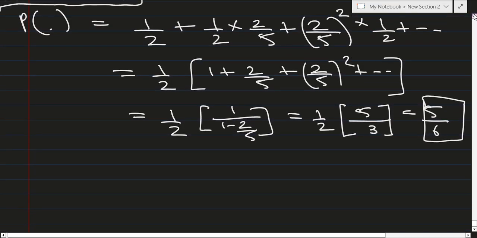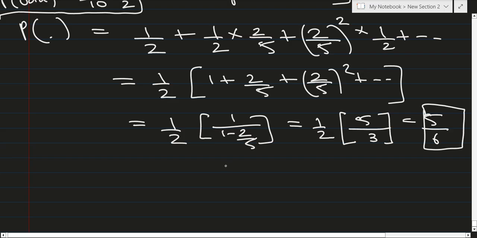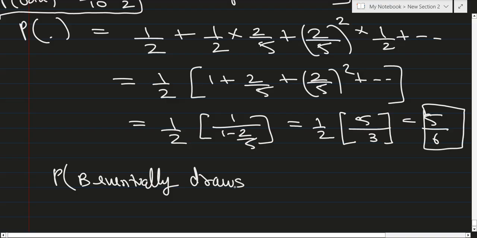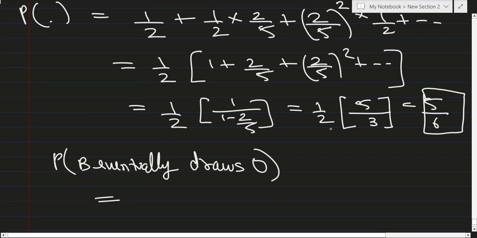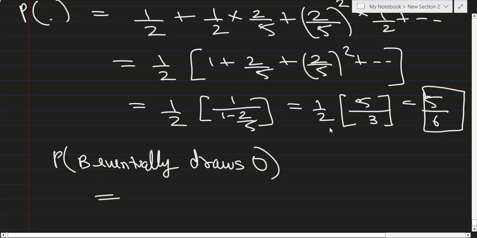So now A eventually draws an odd number. Now the game comes to B. Now B, the rules are same. If B continues to draw an even number, the game would continue with B only. But if B eventually draws a 0, the game ends. So now we find the probability B eventually draws 0. Now this game is symmetric, rules are same for both the players, so we have no need to calculate this separately.